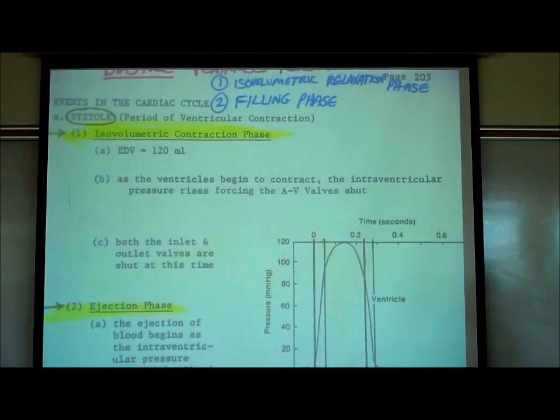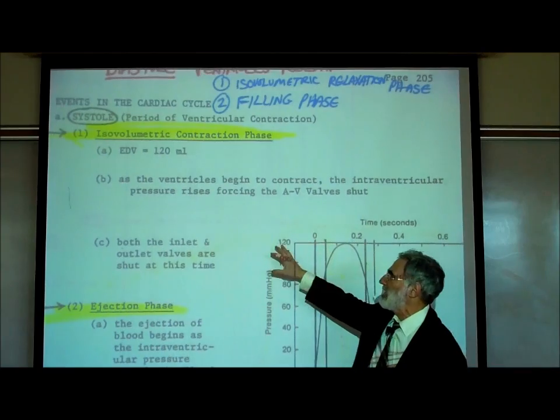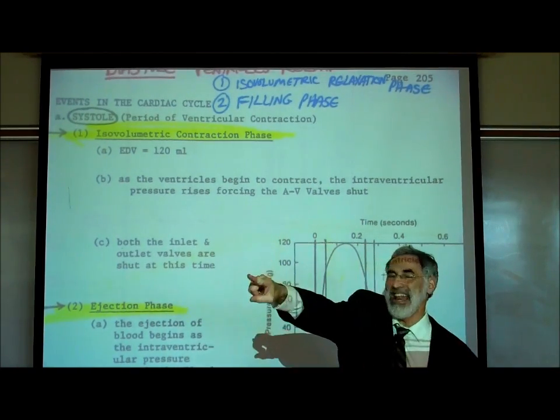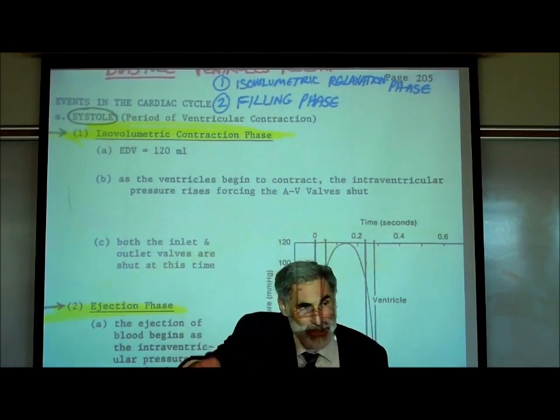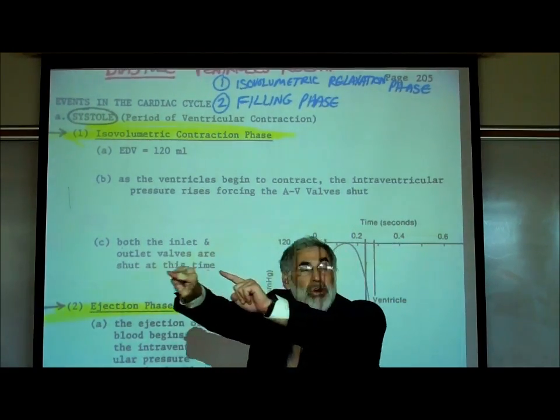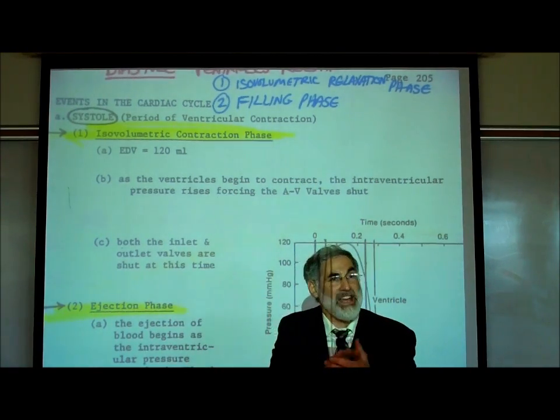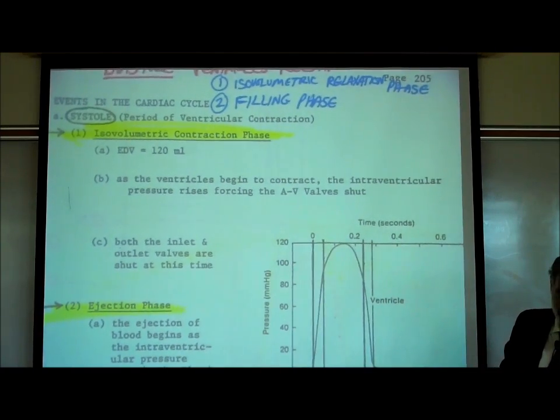We wrote that as the ventricles begin to contract, the intraventricular pressure rises. It increases, forcing that AV valve shut, right? As the pressure in this room increases, the blood tries to go backwards, and if that valve is working properly, that effectively closes that valve, creating the first heart sound, the lub sound.